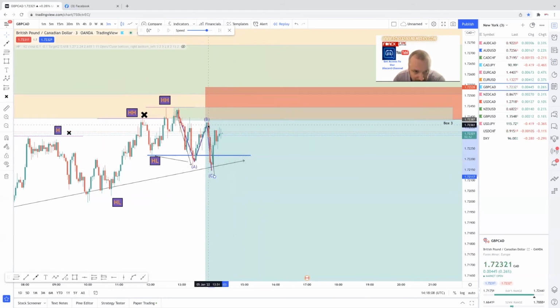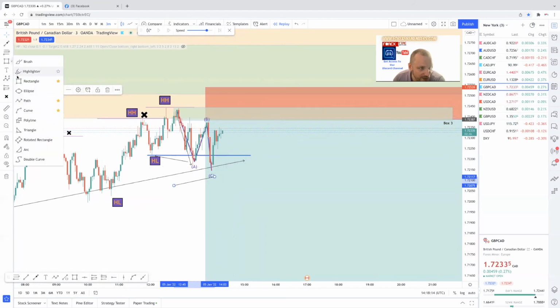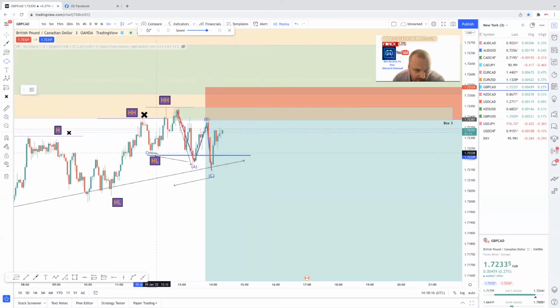You've got A to B, B to the C, which is another impulse drive, has also broken this structure right here. So you've had a break of structure point from there. We've had a break of structure point from there. And now we are currently having another break of structure point on here.